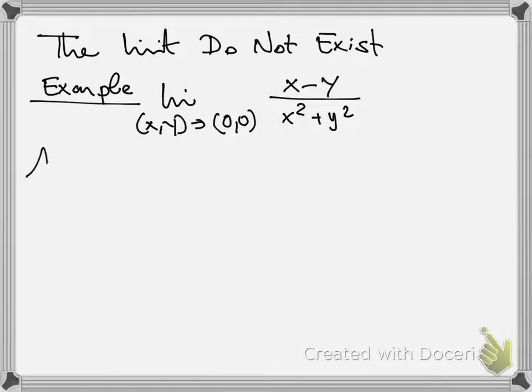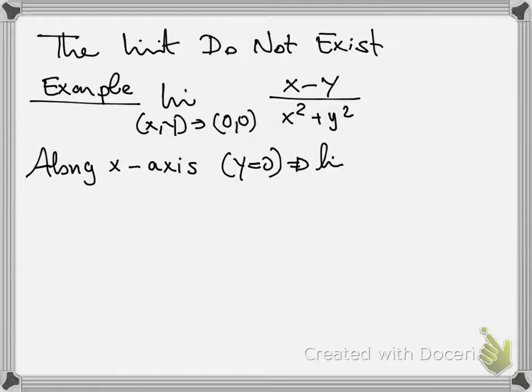Okay, so along the x-axis, that means that y is 0. So it's going to be the limit as x goes to 0, and y is 0, so it's x over x squared. So here you will get 1 over 0.